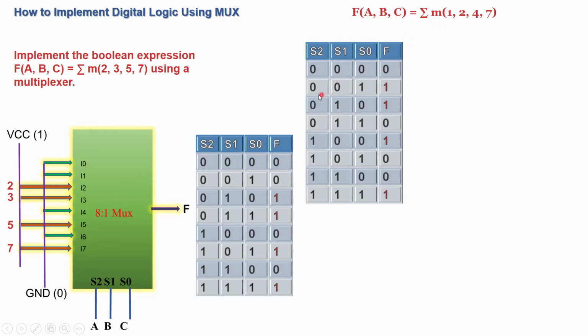So what I have done here, for the min terms 1, 2, 4 and 7, the output is 1. For the rest of the input combinations of select lines, the output is 0.